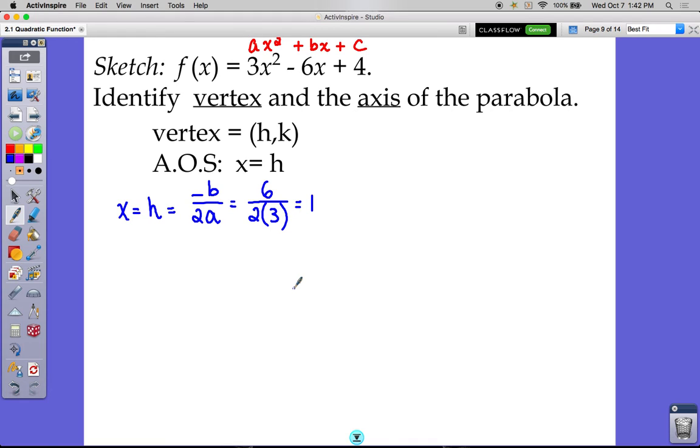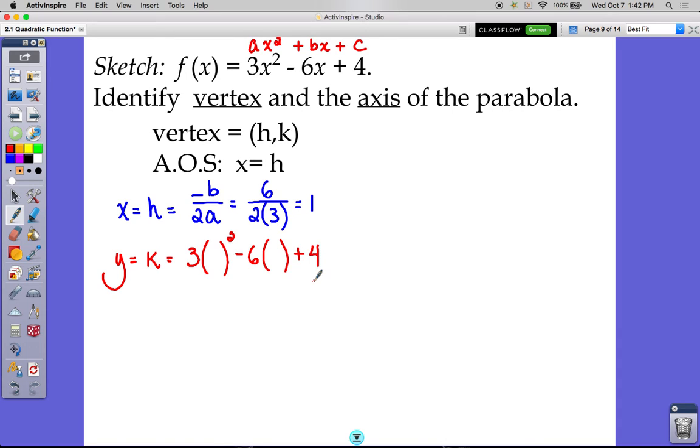That's nice. To find the y value, or the k value of my vertex, I simply plug the 1 that I just found into my original equation. So that's going to be 3, squared, minus 6, and then plus 4.